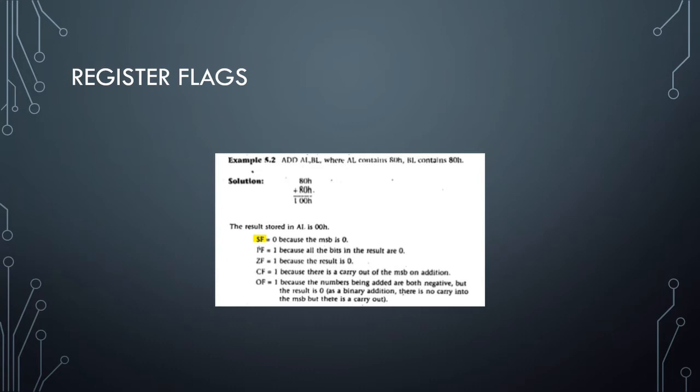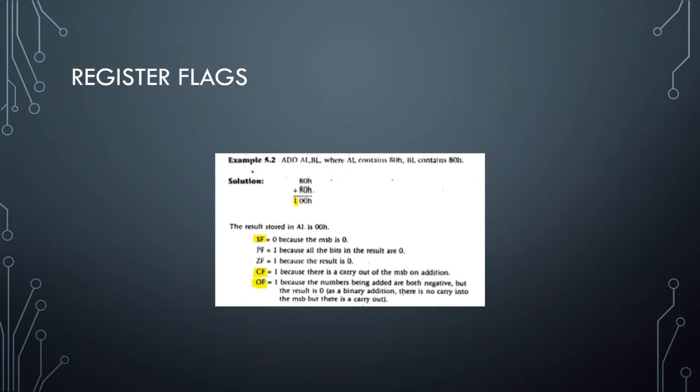However, you'll notice that the carry flag is on because we've carried this one out over here, so that flag is going to get thrown. Then our overflow flag is also going to be thrown because these numbers that we're adding are both negative, but the result is 0. So the overflow flag is thrown on that.